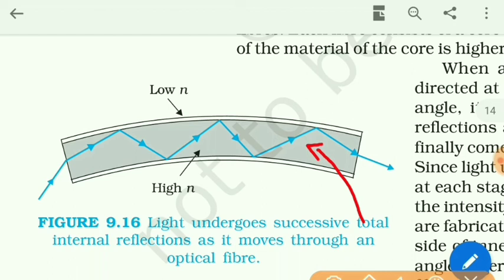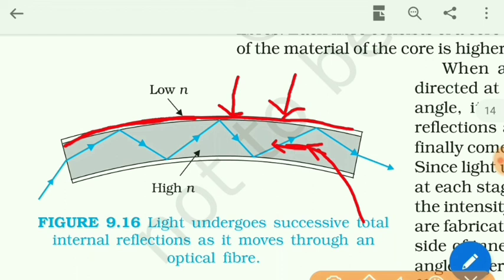And here this surface is a cladding, meaning the surface of this wire has a refractive index less than this core region, that of fiberglass or quartz. So the core region is made up of fiberglass or quartz, and this cladding is done by some material which has a low refractive index than this core region.